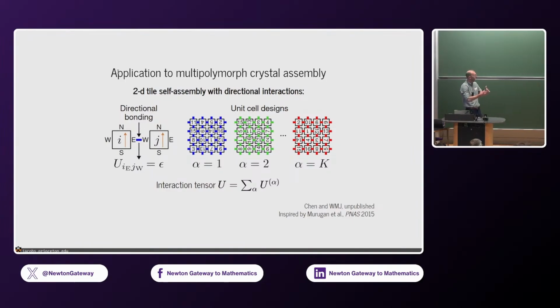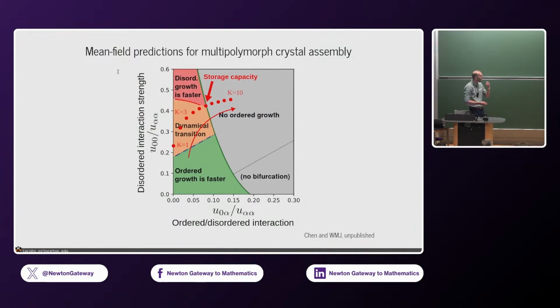But here we're looking at multi-component crystals, so we can see steady state growth and look for a signature of this dynamical phase transition. Right, so if you take this picture and you map it back onto our mean field model, it says that as you increase the number of encoded structures, at some point you leave this orange regime here, enter this regime where you have no possibility for ordered growth.